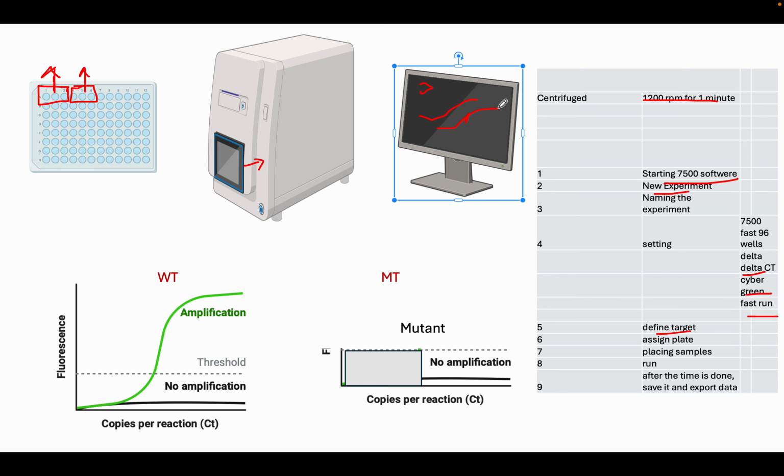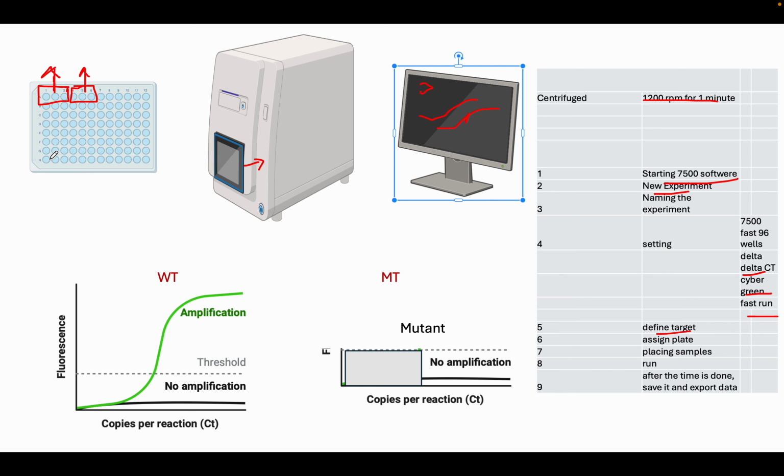So after 45 minutes, when I go there, I will see if my hypothesis works, where my hypothesis was: if I mutate this receptor, the thyroglobulin gene will not express.